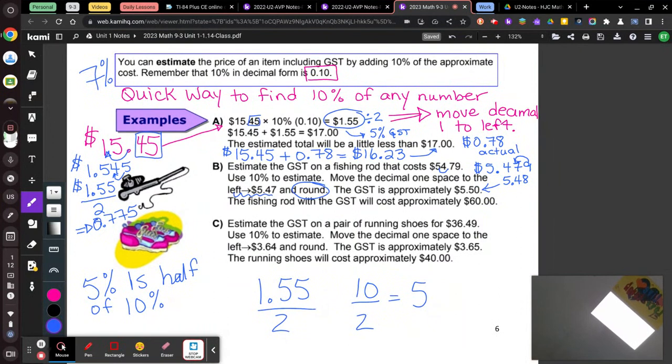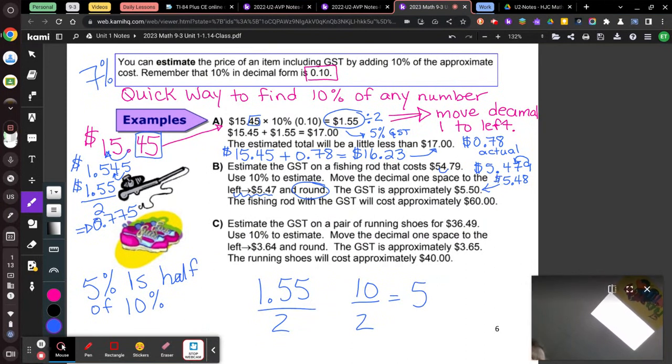Now that's 10%. In real life, we pay 5%. So how would I find 5% of that number? What did we do in the last question? What number did we divide by? 2. So all we've got to do is cut this number in half.